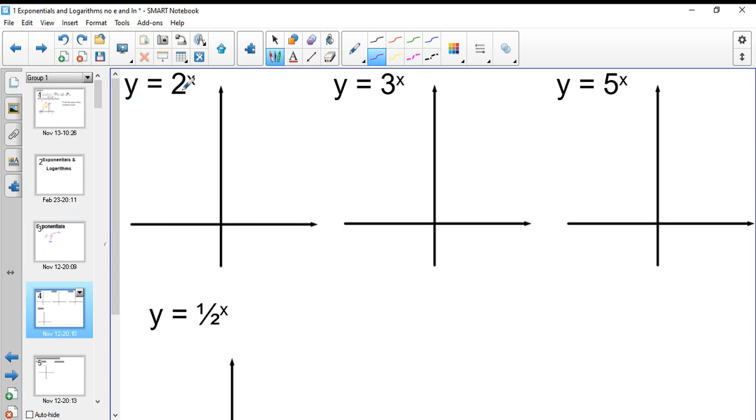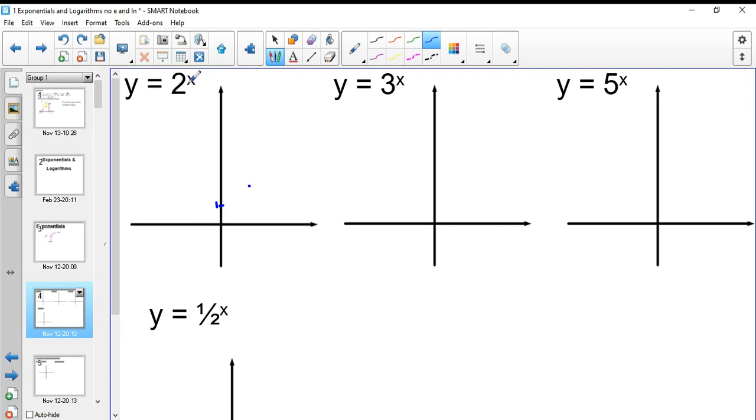Let's think about y equals 2 to the power x. If we had to plot that graph, we would choose some values of x. When x is 0, 2 to the power 0 is 1, so y is 1. When x is 1, y is 2.